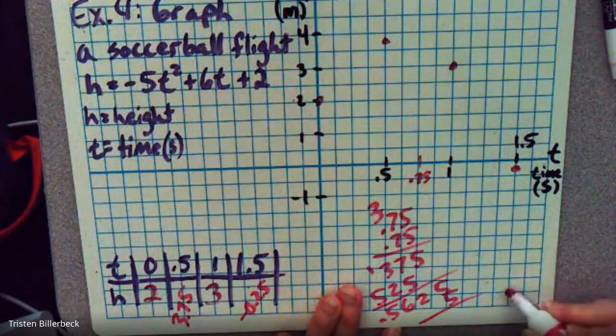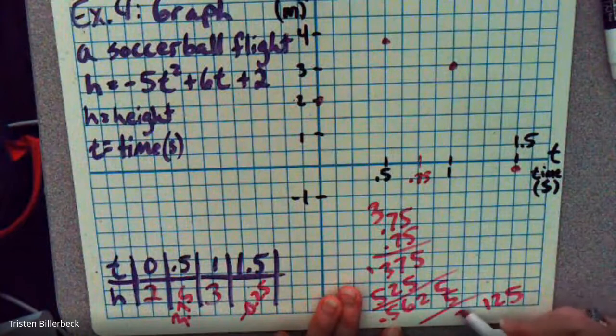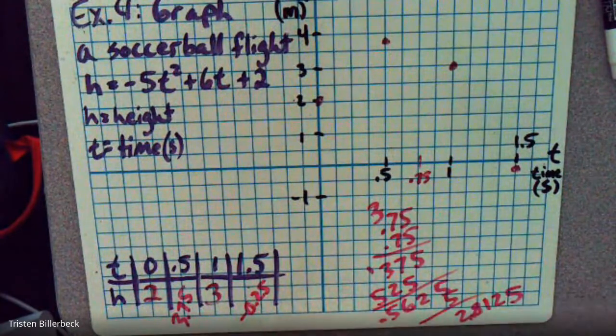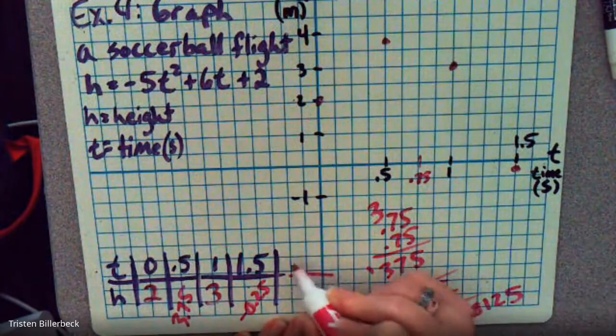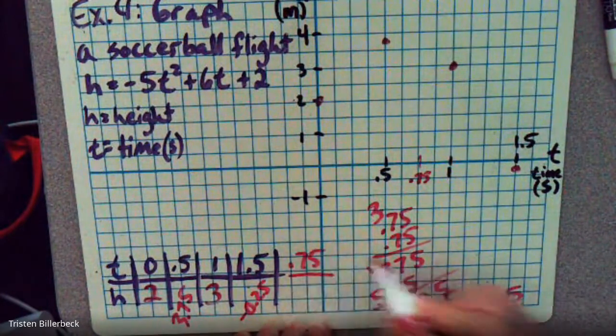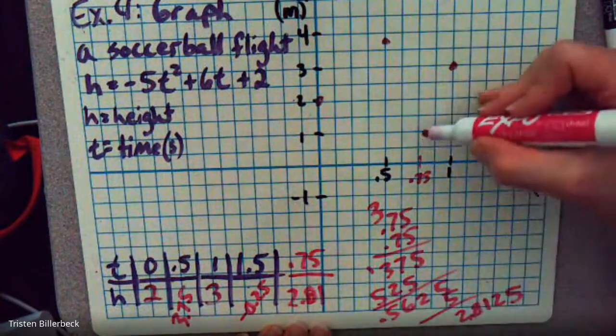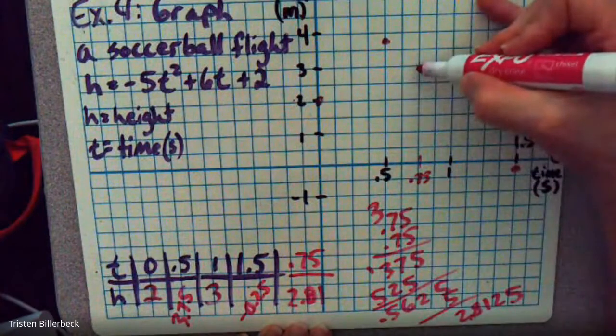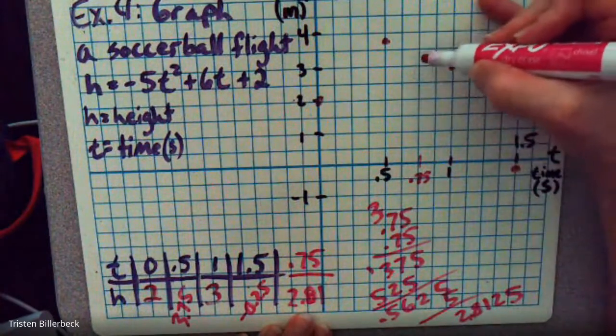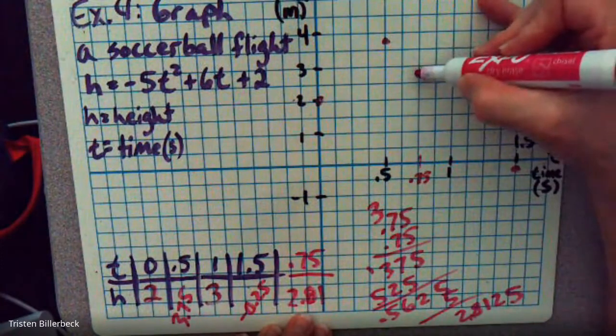So that gives me 2.8125. So we are trying 0.75, and that gives me 2.81. So at 0.75, I'm at 2.81. That doesn't make any sense, because at 1 we were at 3.